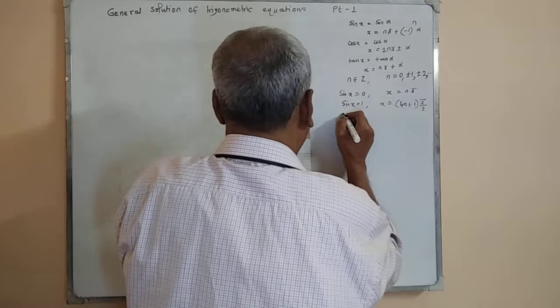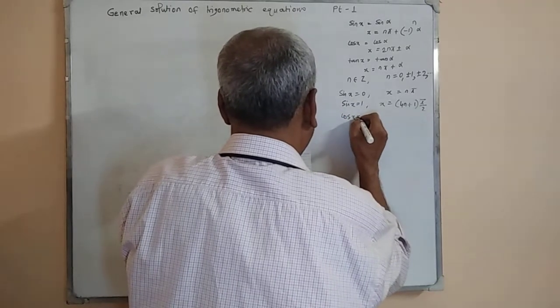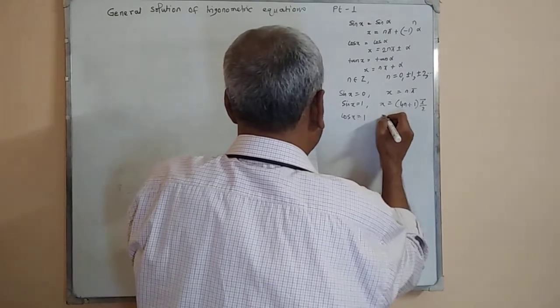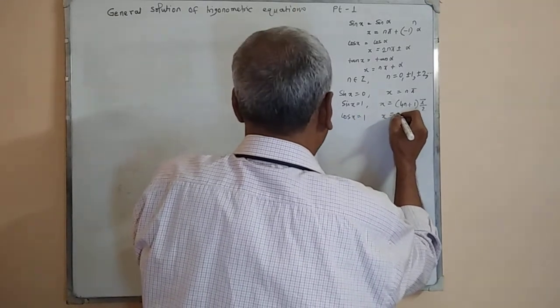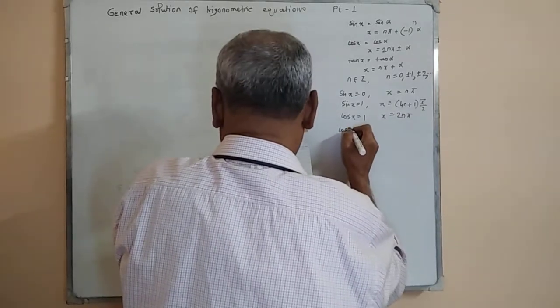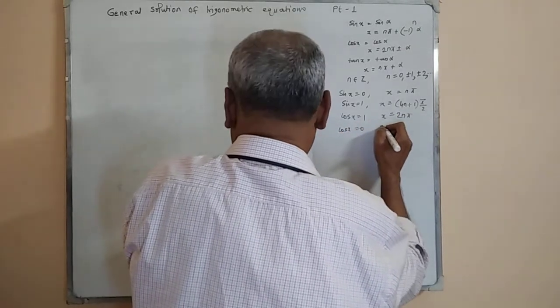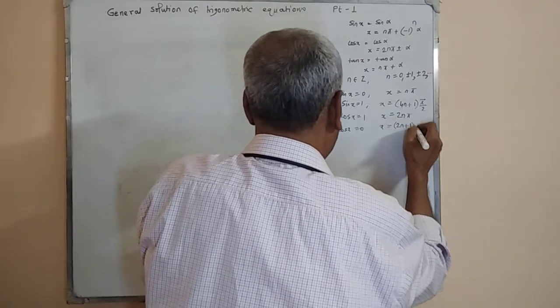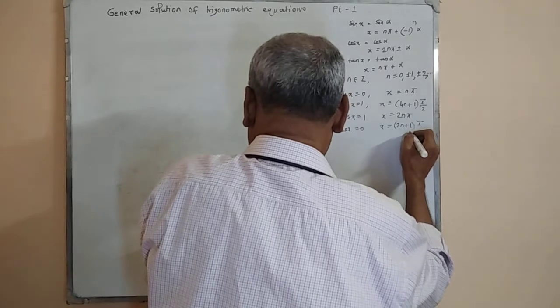Cos x is equal to 1, x is equal to 2n pi. Cos x is equal to 0, x is equal to (2n plus 1) pi by 2.